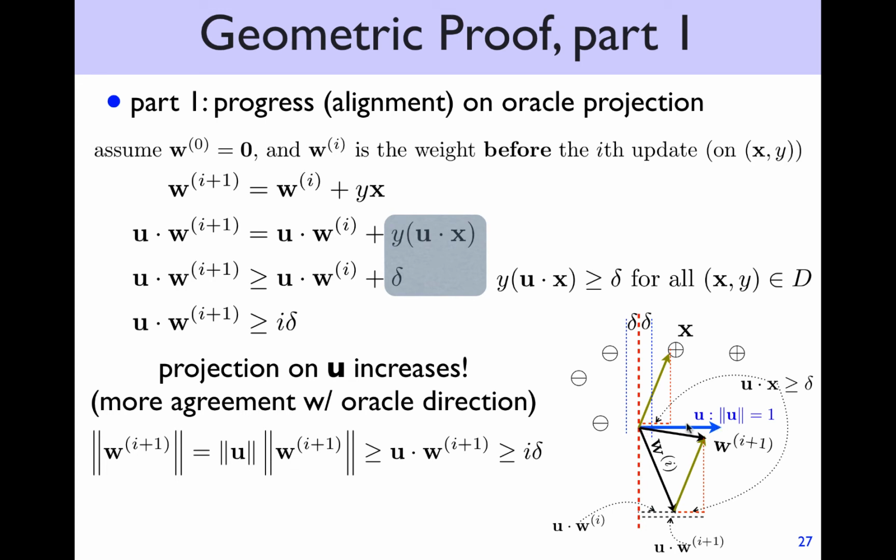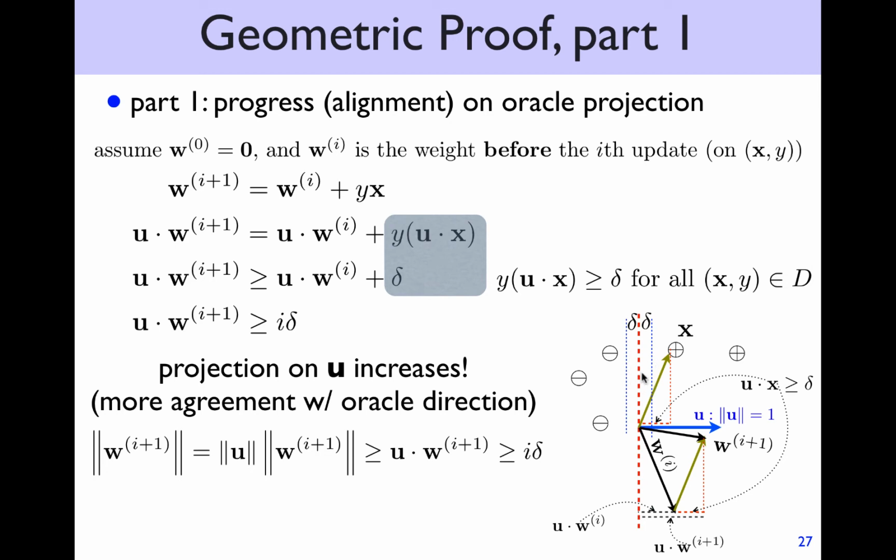Because u is pointing to the right, if an example is to the right of the origin, it's classified as positive, and if it's to the left of the origin, it's considered negative. All the positive examples are at least delta away from this decision boundary to the right, and all the negative examples are at least delta away to the left. So there's nothing in between these 2 blue dotted lines.